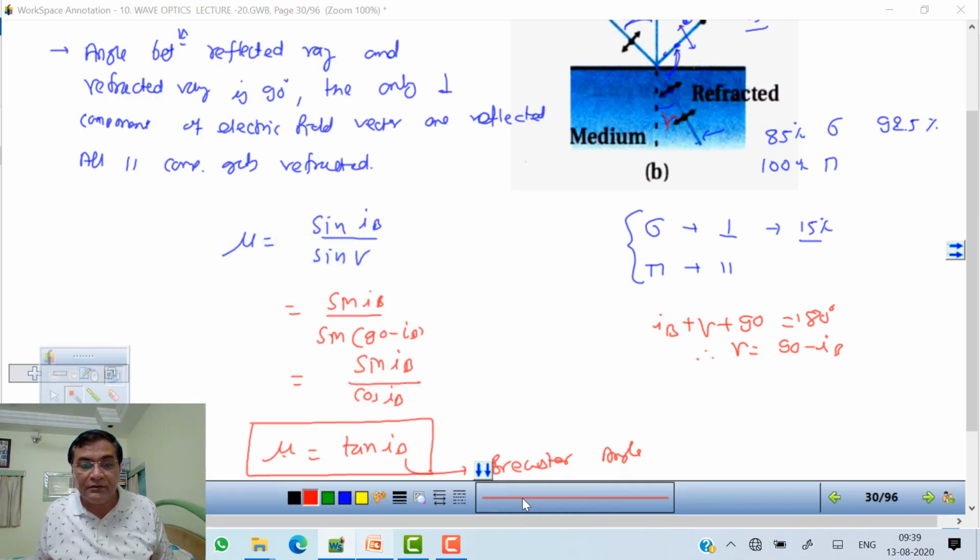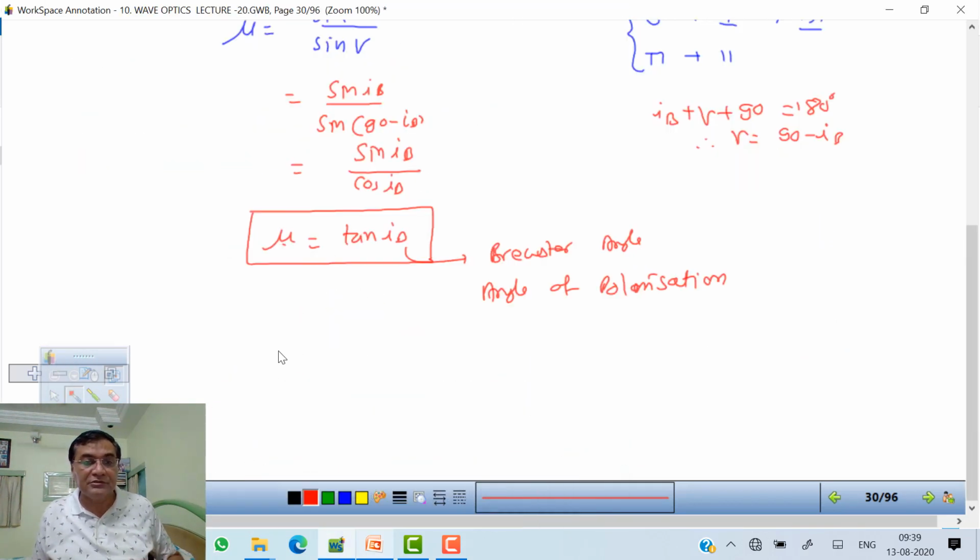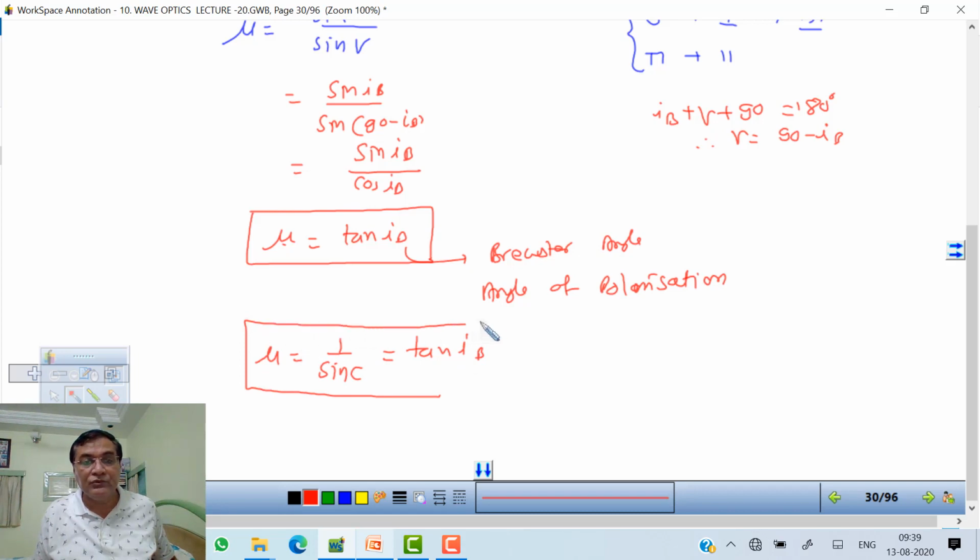And also we can connect it with the critical angle. So mu is equal to 1 upon sin C. Do you know this? And it is equal to tan IB. So this is an interconnected formula: if mu is given and IB is to be found, or C is given, you can calculate IB, or C from IB. So we can use this.